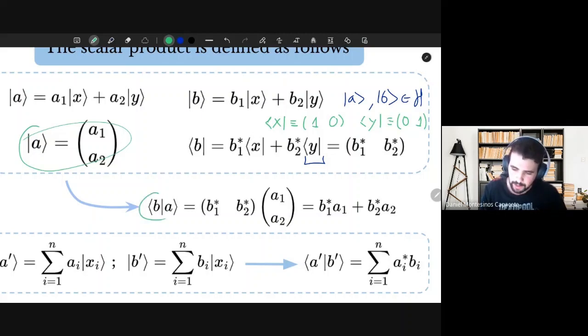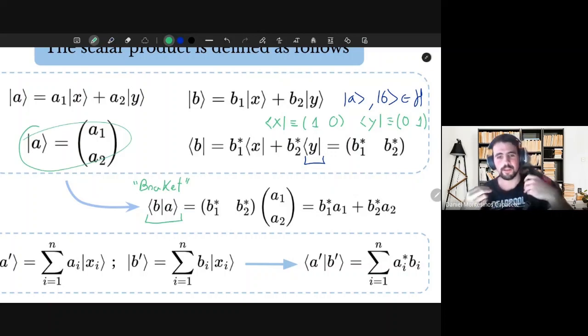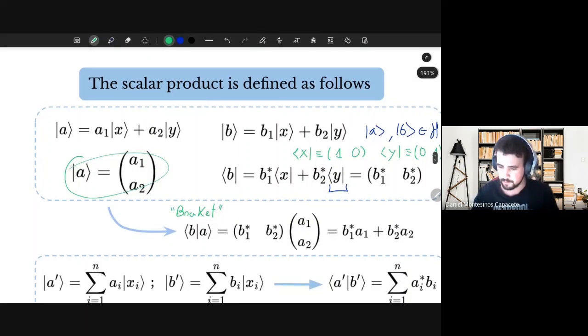So we can write down this expression, and this is the bracket, right? You have a bra and a ket, and the bracket is the scalar product. It's the way we are going to be writing the scalar product.